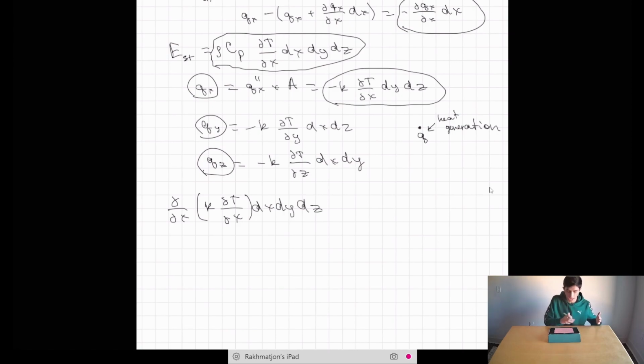And on the right side, I'm going to have the density times Cp times the small change in temperature over small change in x times the volume, right?